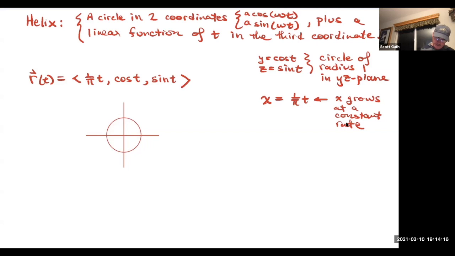Maybe do it in a gray dotted line like that. Okay, so that's my circle in the YZ plane. Okay, and now I'm going to put an x-axis coming out this way.